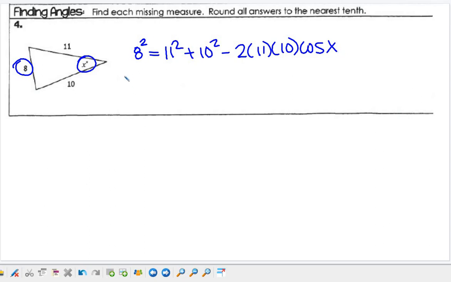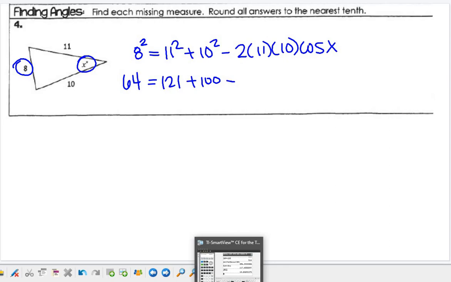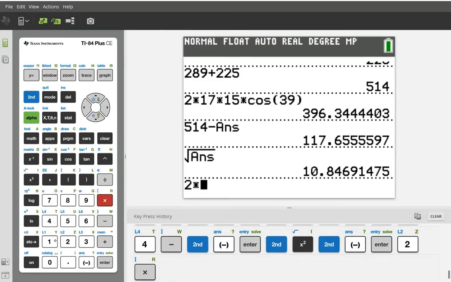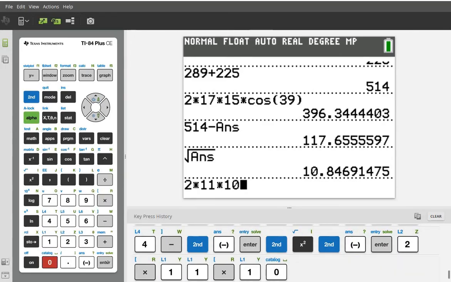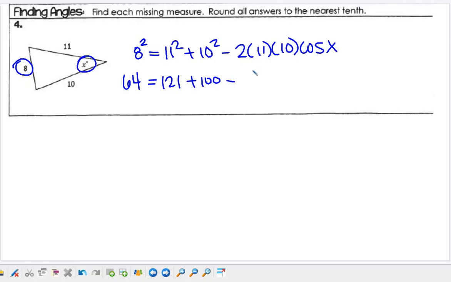Okay, so 8 squared, 64, equals 121 plus 100, and then minus 2 times 11 times 10, which is 220.